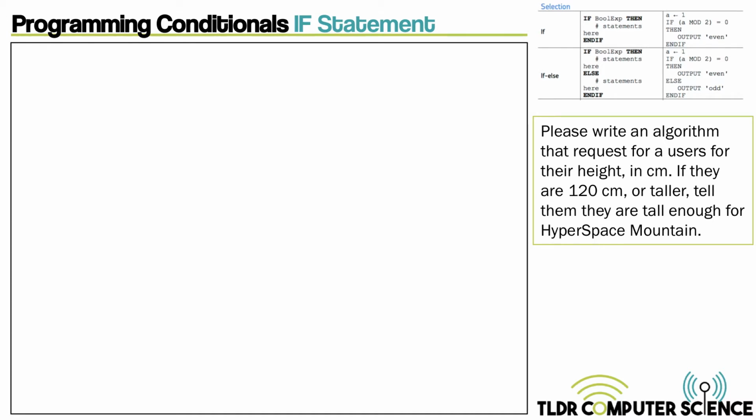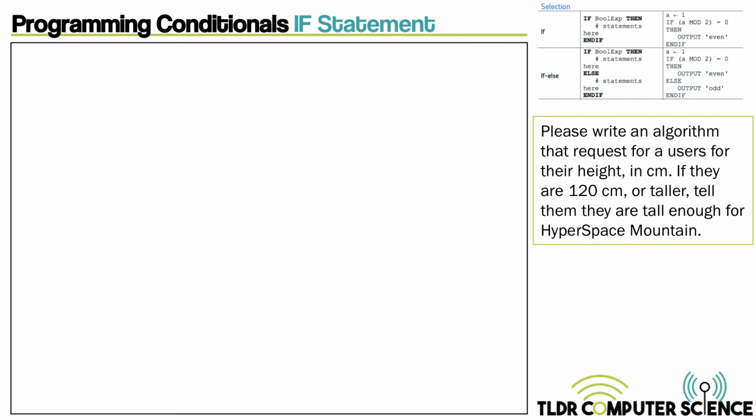Let's have a little read of what we've been asked to do. In our little problem here, it says, write an algorithm that requests from a user their height. So straight away, hopefully you're thinking, okay, we're going to need a variable to store the person's height.